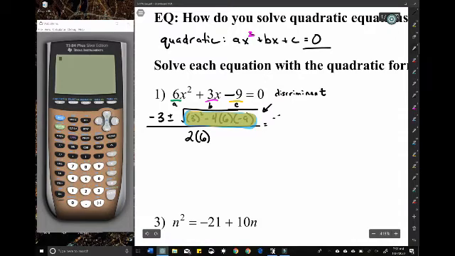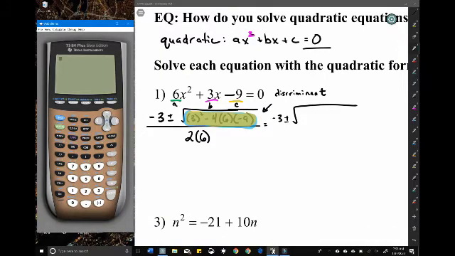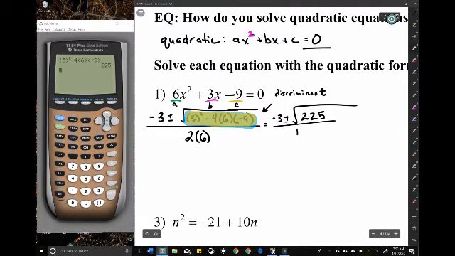So I'm going to have negative 3 plus or minus the square root, and watch in my calculator how I'm going to type this in. Parentheses, 3 squared minus 4 times 6 times negative 9. Exactly. And I get 225. So I do that before I take the square root. And that's all over 12.